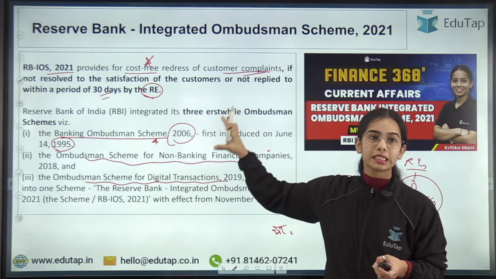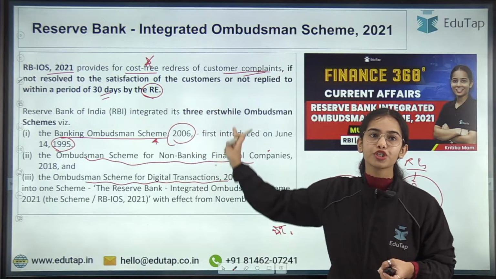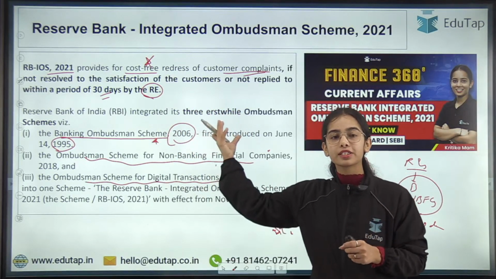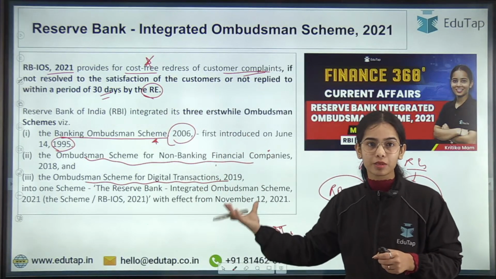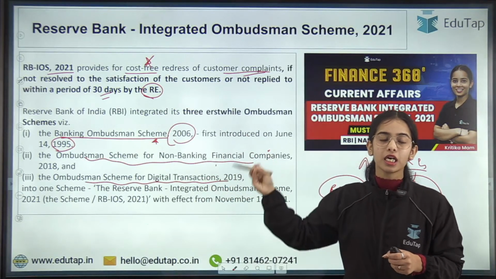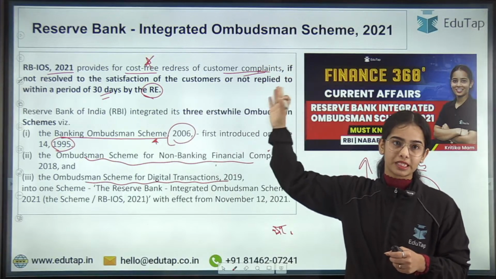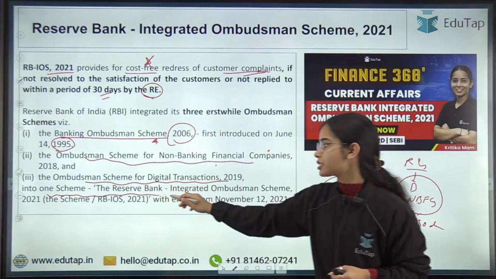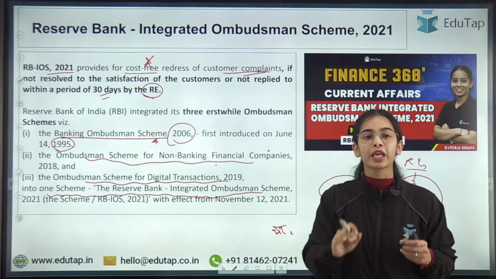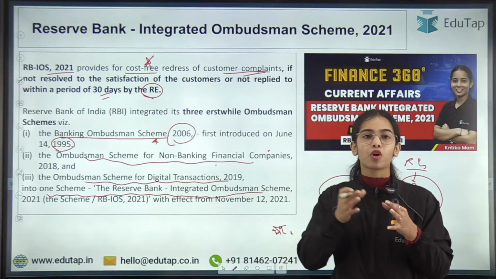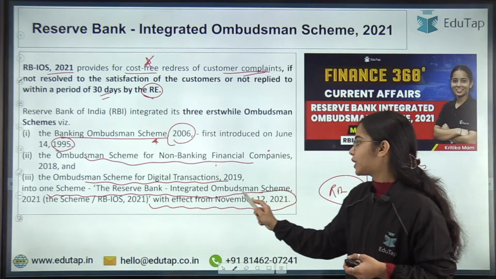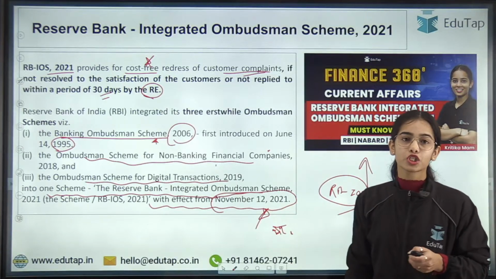All of these schemes were merged under the Reserve Bank Integrated Ombudsman Scheme, so instead of having so many different schemes for complaint addressal, now we have one Integrated Ombudsman Scheme, which was launched on November 12th, 2021. Okay? So this is the idea.